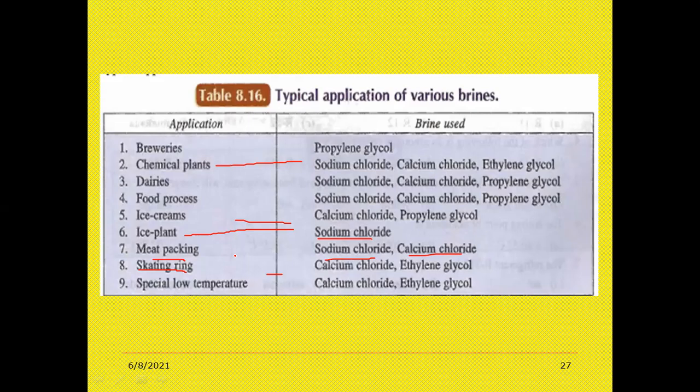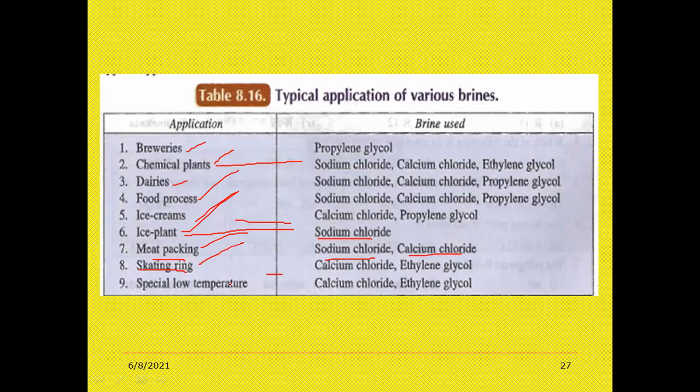See the applications one more time, where the brines are used and what brine we are using in particular areas. The first one is breweries, beer or liquor manufacturing, then chemical plants, milk dairies, food processing units, ice cream units, ice plant units, meat packing, and the skating ring.